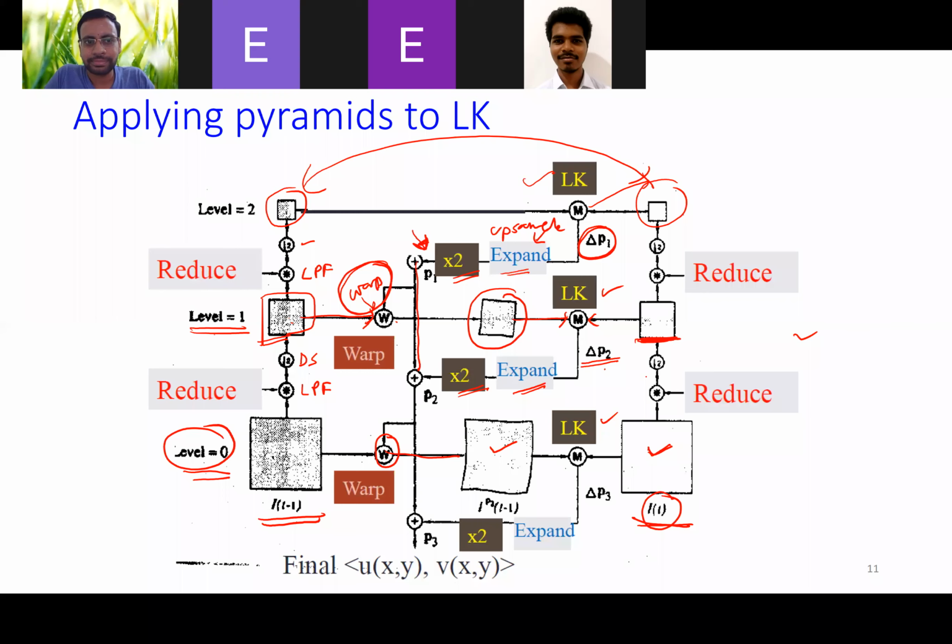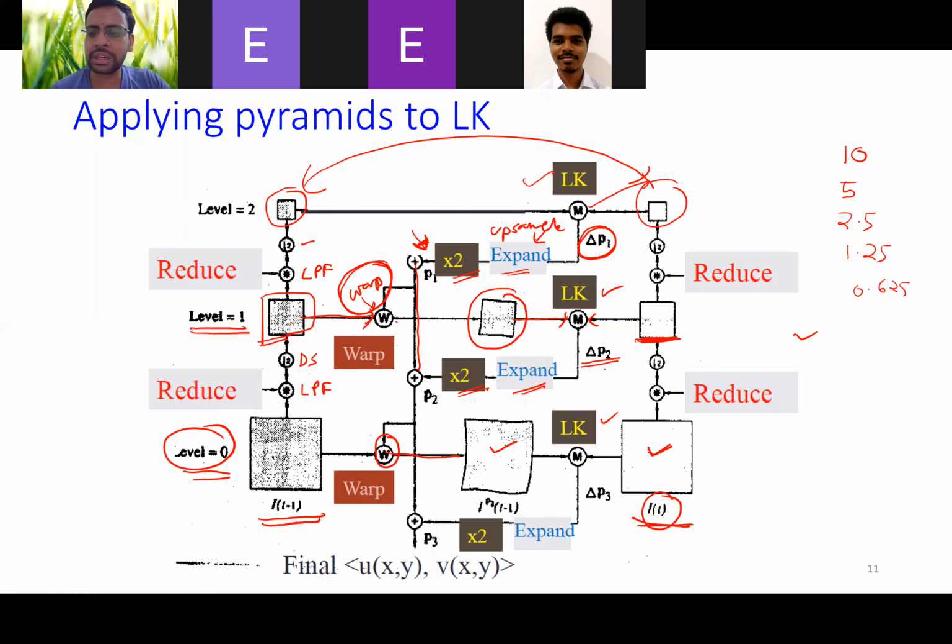Sir, how will we know at which level we have to stop? See, you should have some prior knowledge about how many pixels of movement you can expect, until it goes to a subpixel level. Suppose you know that the maximum displacement to expect is 10 pixels. If I subsample it by 2, it will go to 5. Subsample by 2 again, it will go to 2.5, further 1.25, further 0.625, correct?